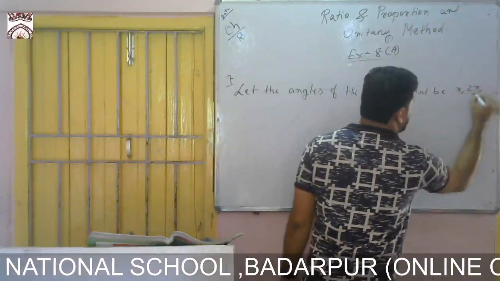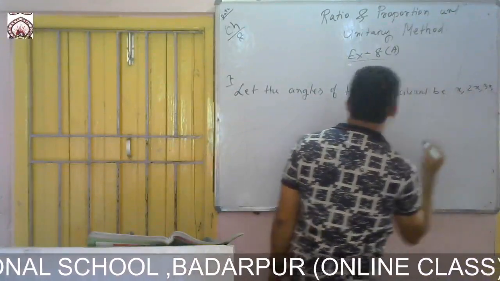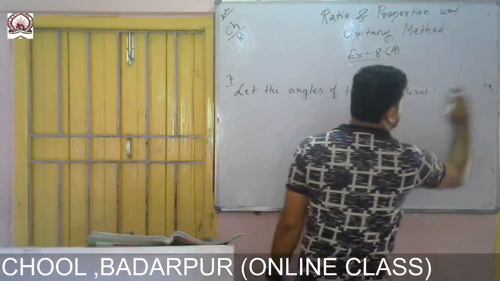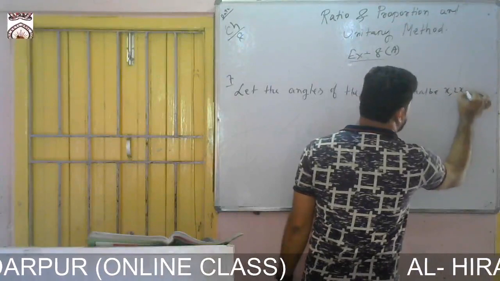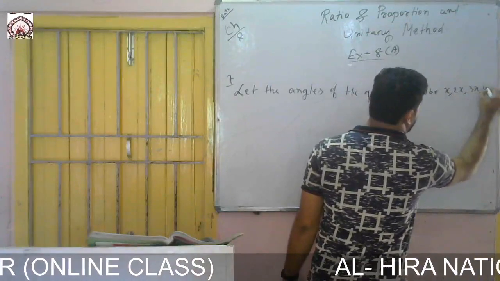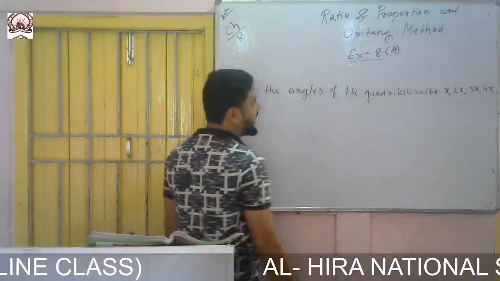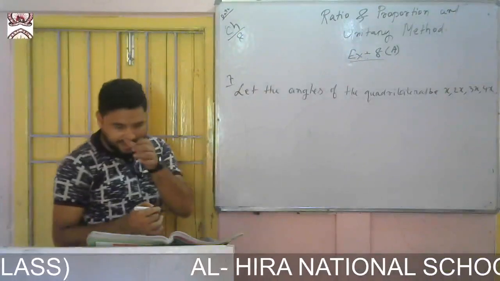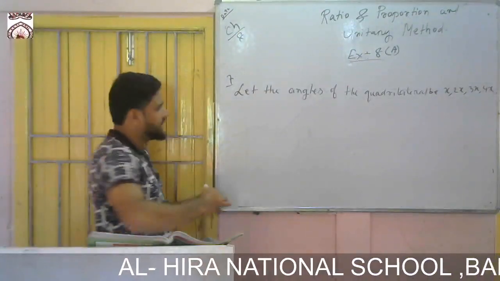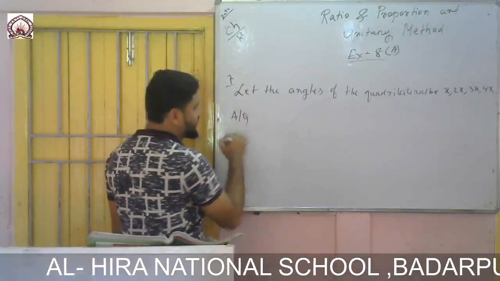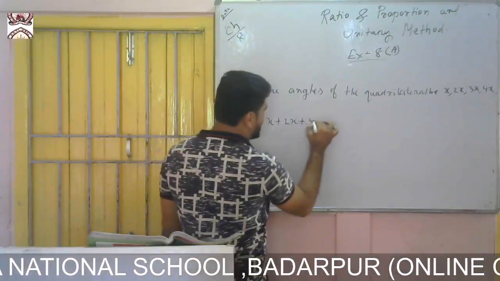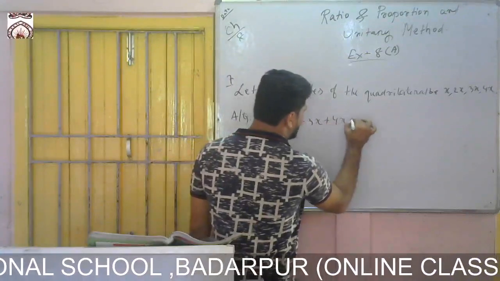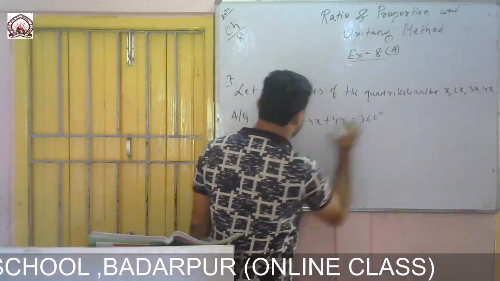Twice x, comma, thrice x, comma, 4x. You write in one line. According to question, if I add them, then I shall get 360 degree. So x plus twice x plus thrice x plus 4x equals to 360 degree.